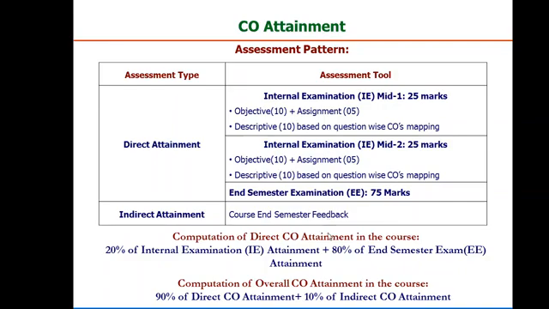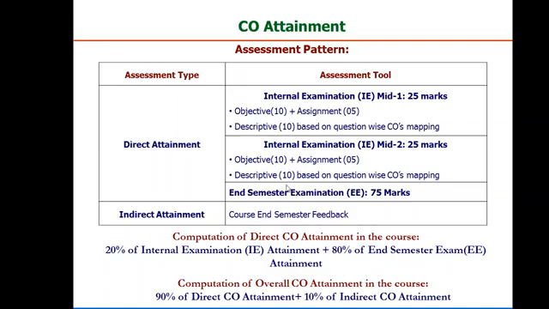As per the NBA guidelines, the direct attainment of CO of that particular course is calculated using the following formula: 20% of the internal examination attainment plus 80% of the end exam attainment.